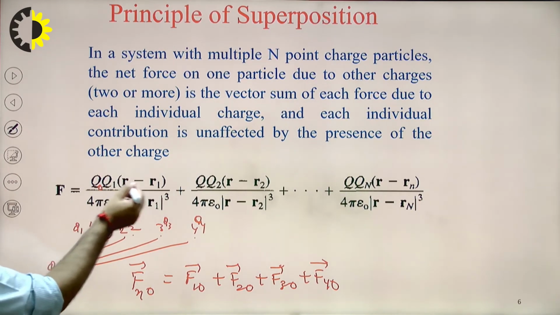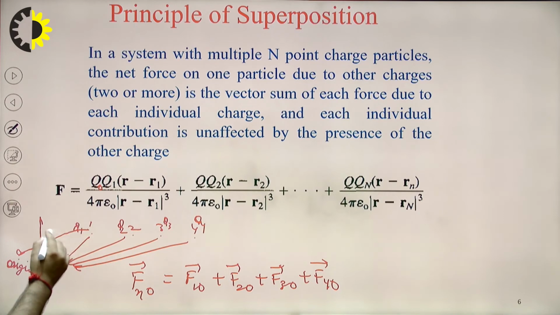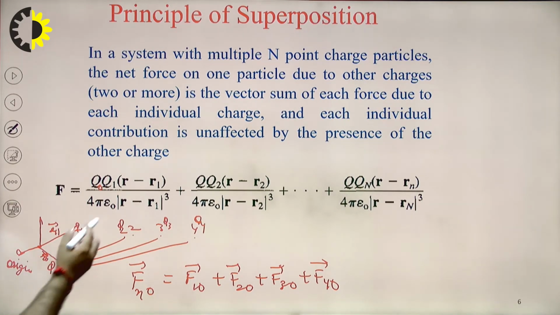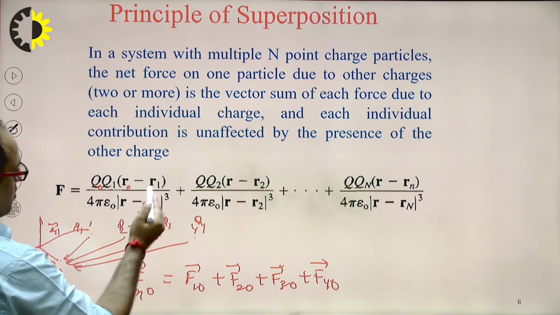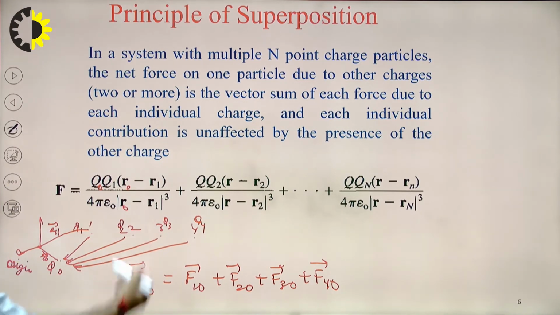What is this R minus R1? If I say this is the origin, this will be R0, and this distance will be R1. Clear? So (R0 minus R1) divided by (R0 minus R1) whole power cube.